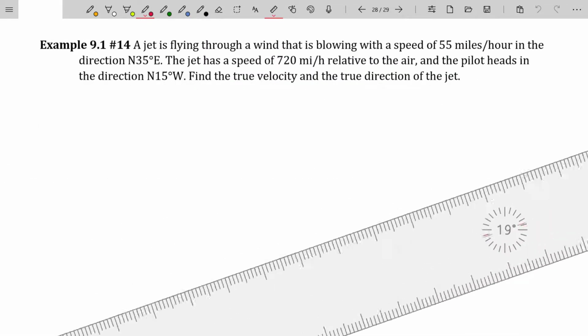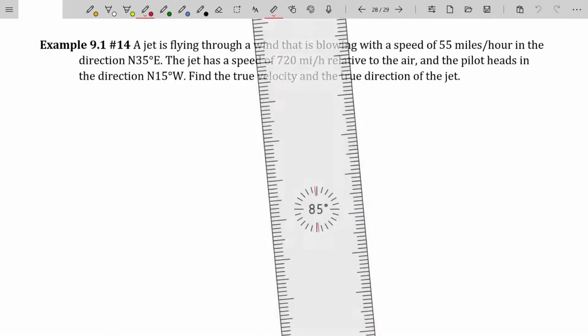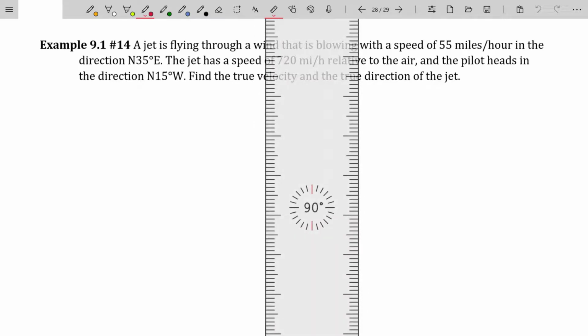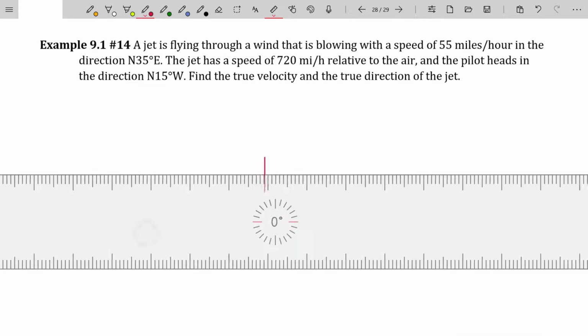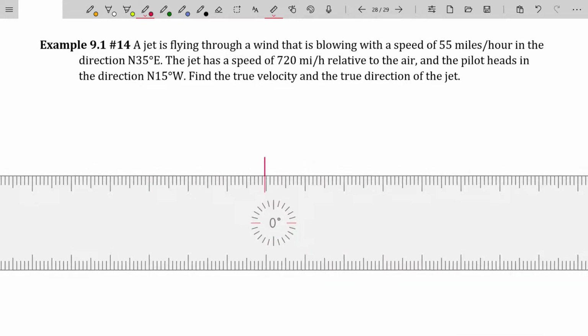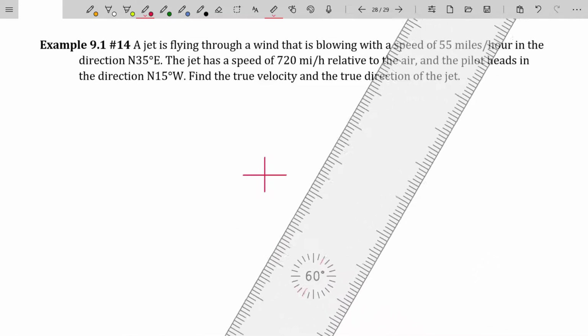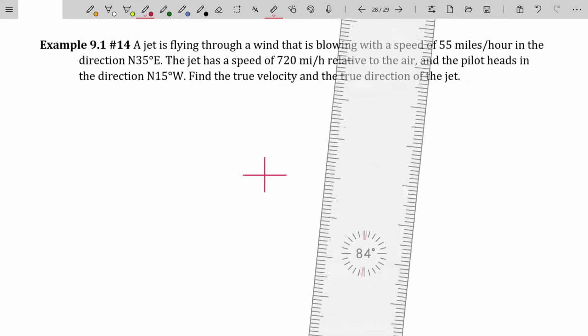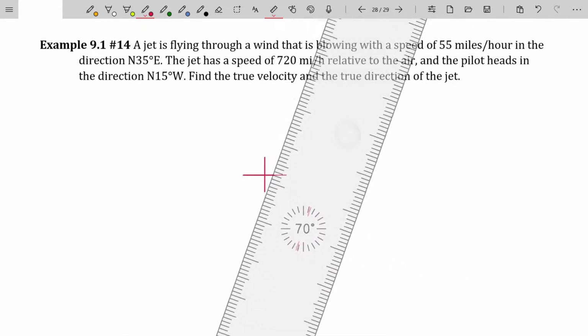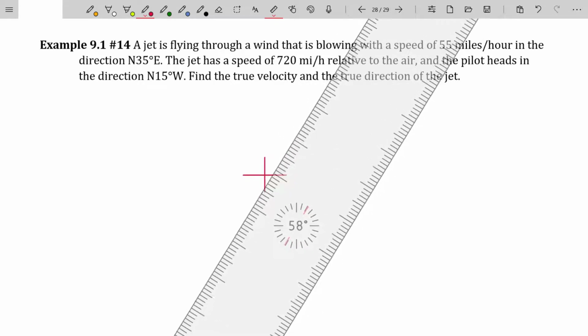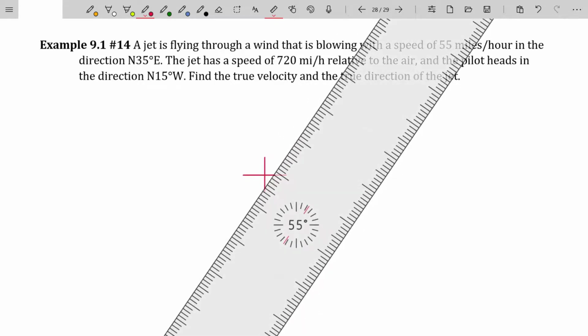First of all, you know that from heading problems, because we've done heading problems before, whenever you face a heading problem, you want to draw in kind of a target here, the north, south, east, west target. And then they tell us that this vector is face north and turn 35 degrees east. So 35, that'd give me a 55 degree angle here. So I'm just going to do that.